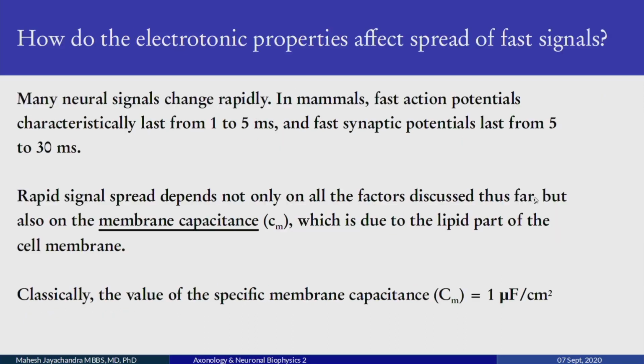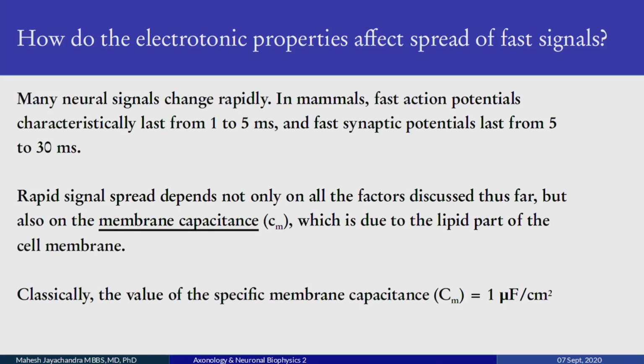Okay. So, fast signals. How do electrotonic properties affect the spread of fast signals? Many neuronal signals change rapidly. In mammals you have fast action potentials that last from 1 to 5 milliseconds, and fast synaptic potentials that last from 5 to 30 milliseconds.